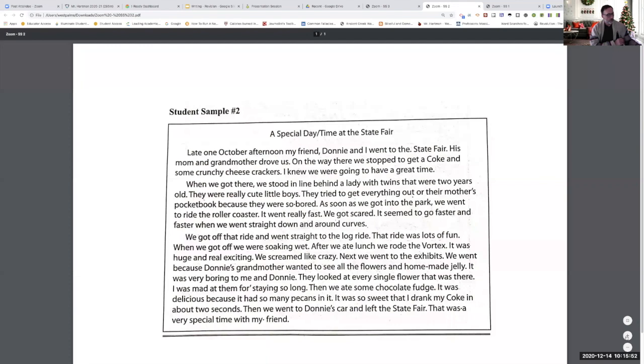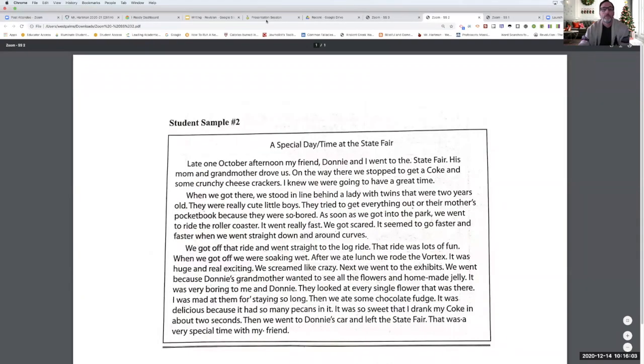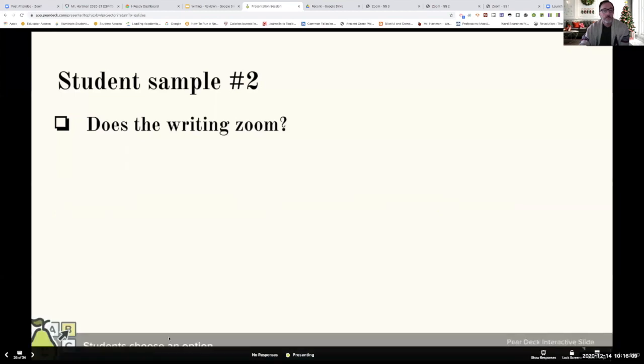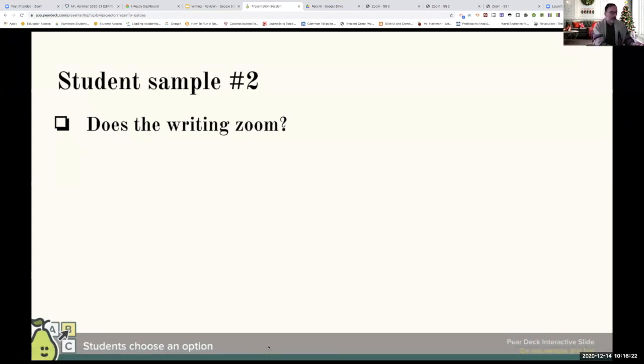Okay, so I want us to think about that for just a moment. Coming back here, does this particular piece of writing have a zoom? Yes or no? Remember, if we're looking at an umbrella zoom, there's one idea that controls the writing, and it can take place at multiple locations.